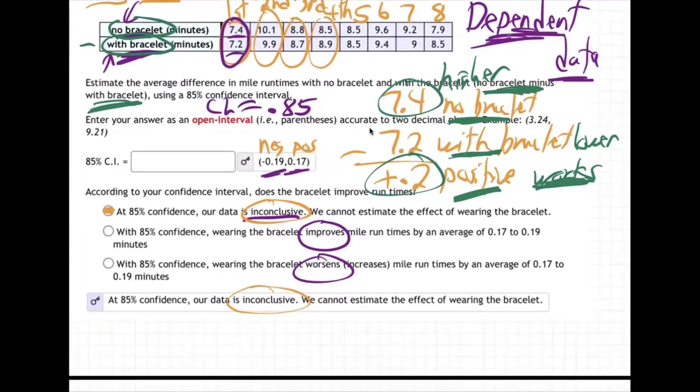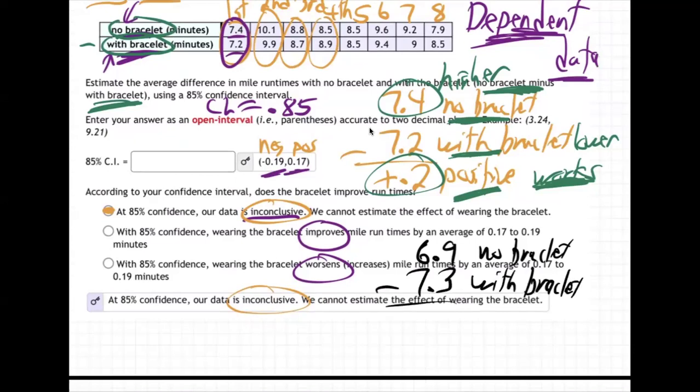Now, vice versa, what if we get 6.9 with no bracelet, the top numbers, and we get 7.3 with the bracelet, like higher? If you subtract those, you're actually going to get negative, like whatever, 0.4. So it's negative. You get a negative answer.